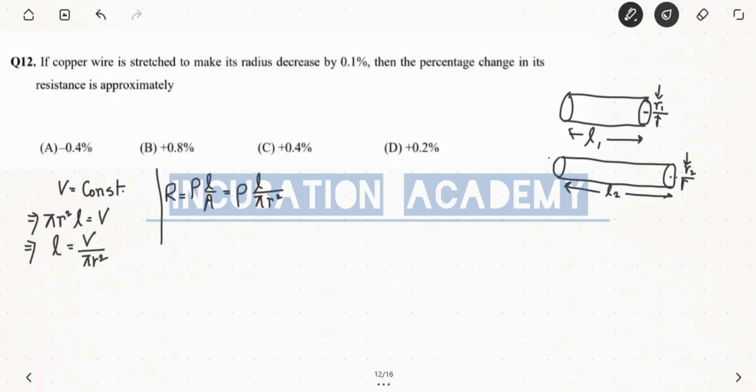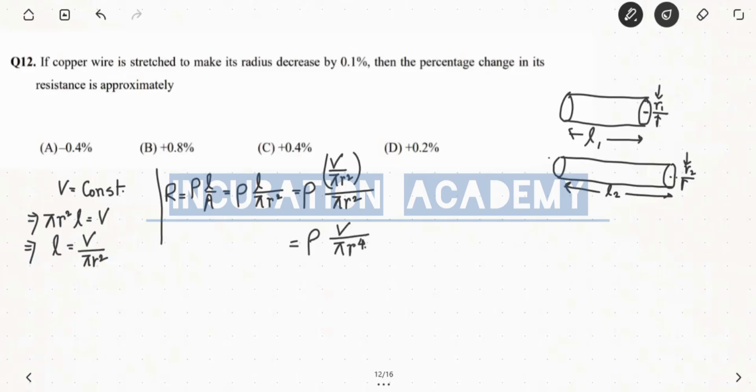If you replace this here, rho L becomes rho V divided by pi r square, and dividing again by pi r square, this becomes rho V divided by pi r to the power 4.